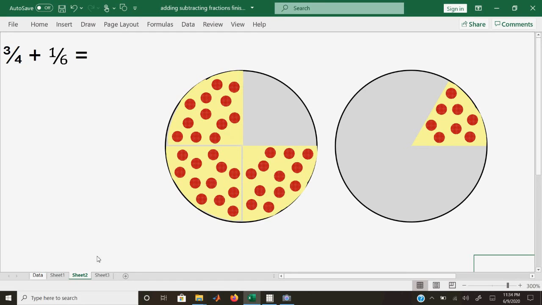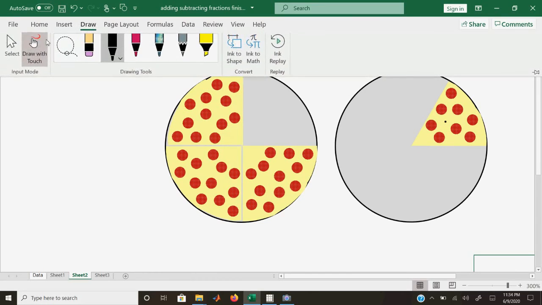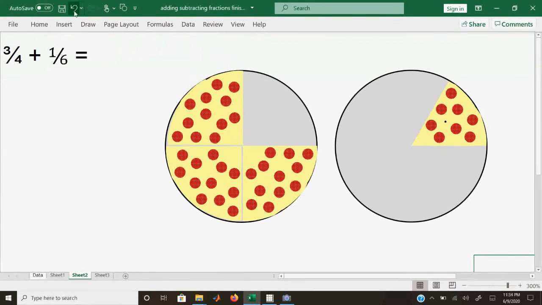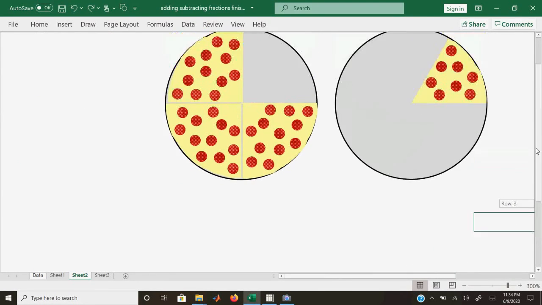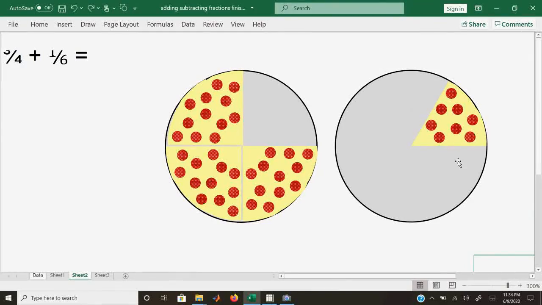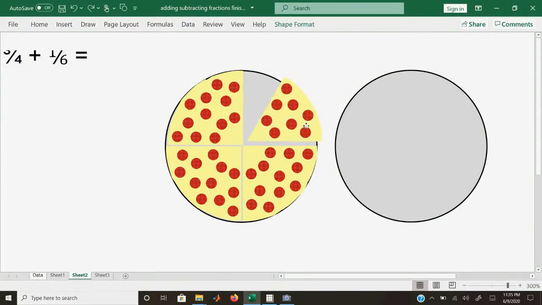I can take my pizzas and put them together on a single tray, but it doesn't tell me a lot. I know how much I have, but in order to really figure out what it means, I need to do something different.